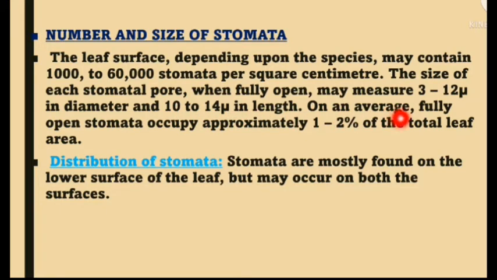On an average, fully open stomata occupy approximately 1 to 2% of the total leaf area. Next comes distribution of stomata. Stomata are mostly found on the lower surface of the leaf but may occur on both the surfaces.